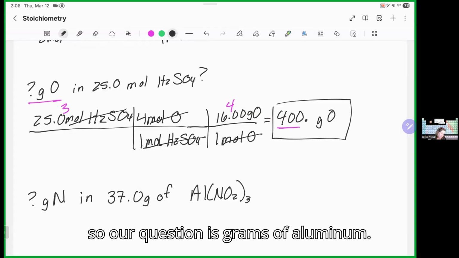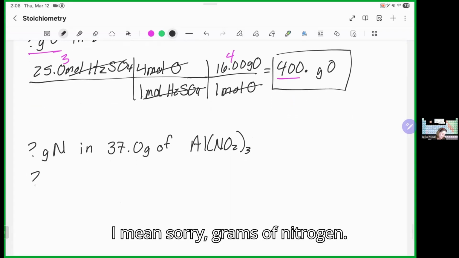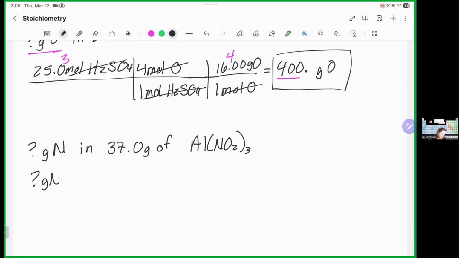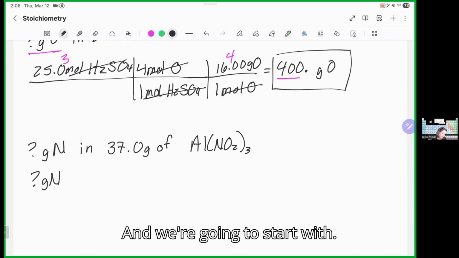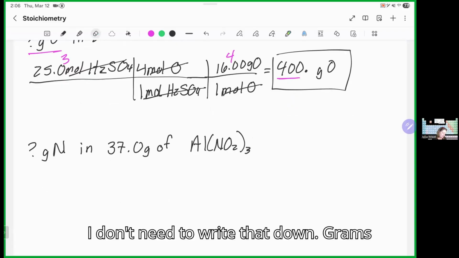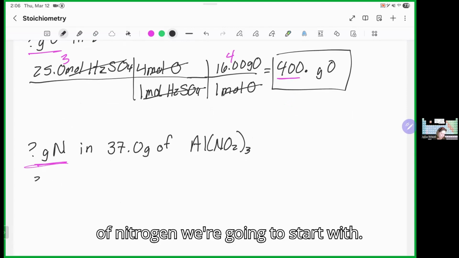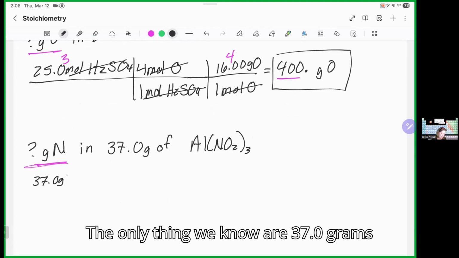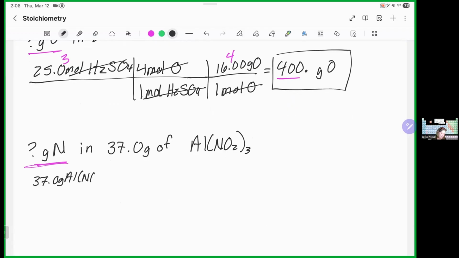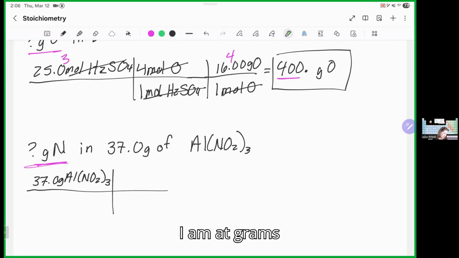Okay, so our question is grams of nitrogen. We're going to start with the only thing we know, 37 grams of aluminum nitrate. So I am at grams and grams.